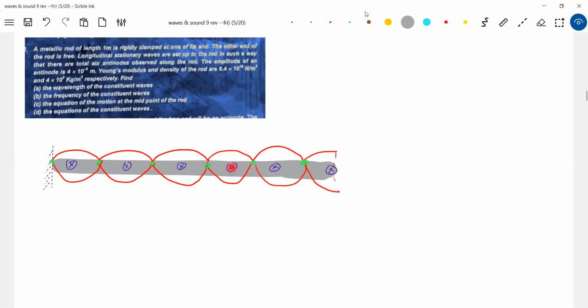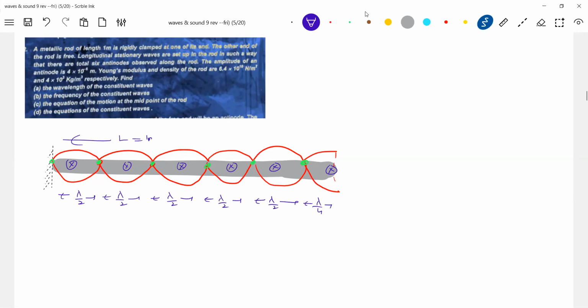Here, this particular part of the rod will vibrate in this direction, not in that way. Each loop should be equal to lambda by 2, same as what we did for the string. The total length is 1 meter, so L should be equal to 5 lambda by 2 plus lambda by 4. With this, we get the wavelength lambda as 4 by 11.